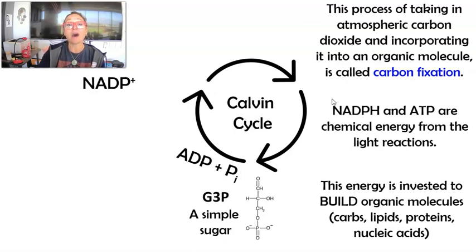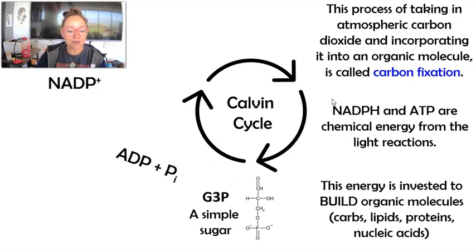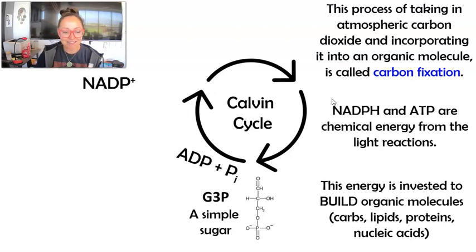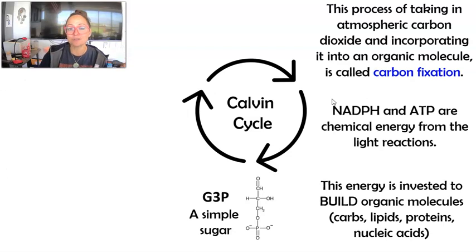The plants will have other enzymes in their cytoplasm to convert this simple sugar into lipids, or glucose, or fatty acids, or nucleotides, or amino acids. So, there it goes. Your NADP plus, your empty or oxidized electron carrier, and the ADP and phosphate will go back over to the light reaction where they can be used again.